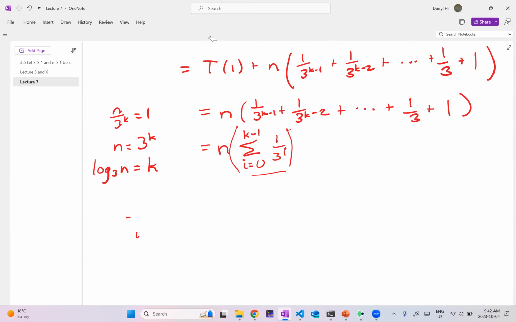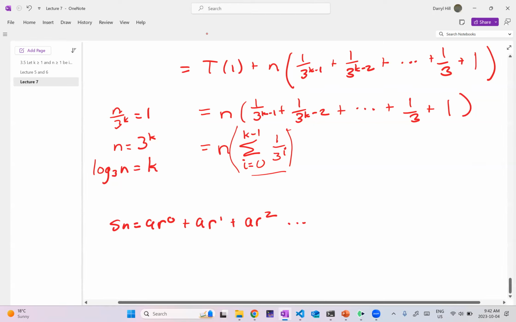All right, let me write it out. S of n equals a times r to the 0 plus a times r to the 1 plus a times r squared, up to a times r to the k minus 1.